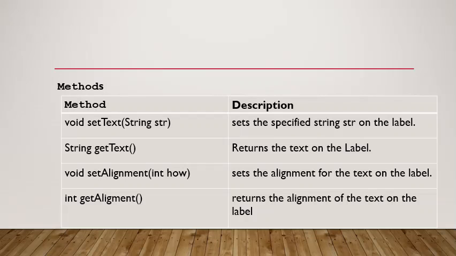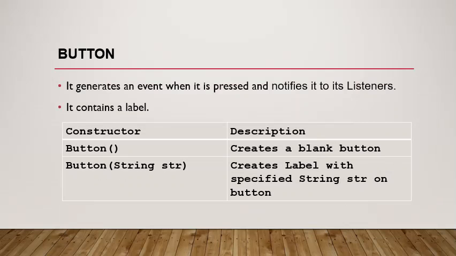You will have to write them as capital letters; it is inbuilt, so it is case sensitive, and you will have to write it in the same manner. If you want to fetch what is written on the label, then getText is the method. If you want to find out the current alignment of that label, then you can find it with getAlignment. That is all about label.